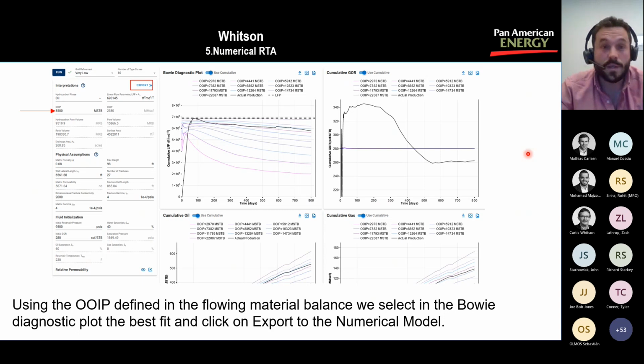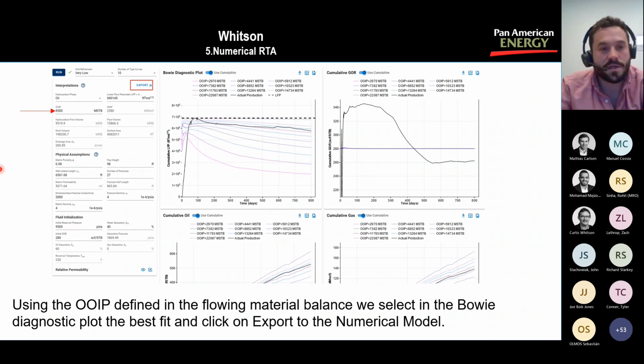In the numerical RTA, we input our original oil in place from the flowing material balance, in this case 8,500 million standard barrels, and then we look for the best LSP. In this case, our linear flow parameter is way above the one from the analytical, but it's a check that we need to do, and we find a good, or more or less good, match in the Bourdet diagnostic plot.